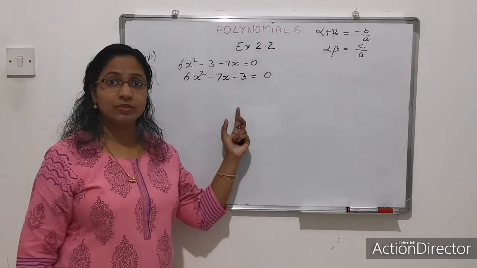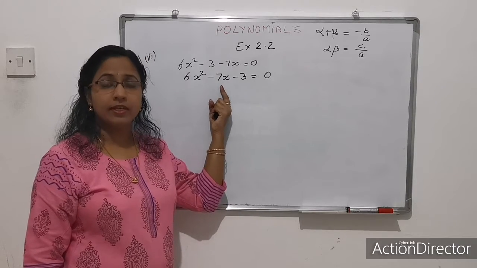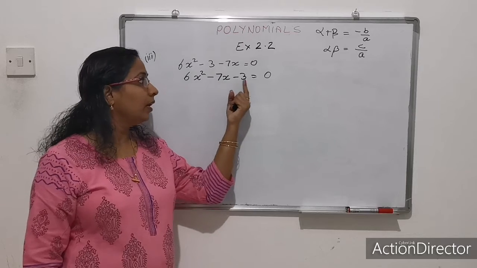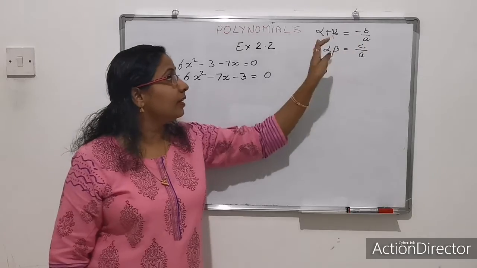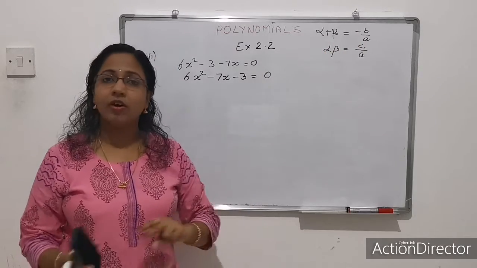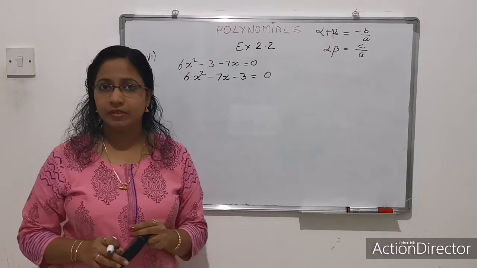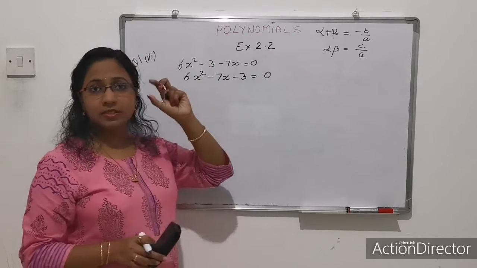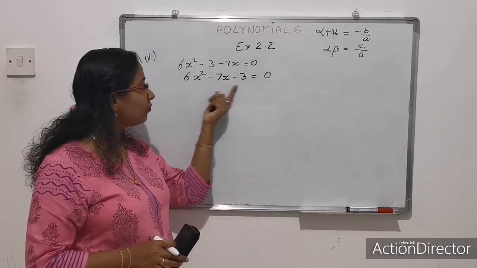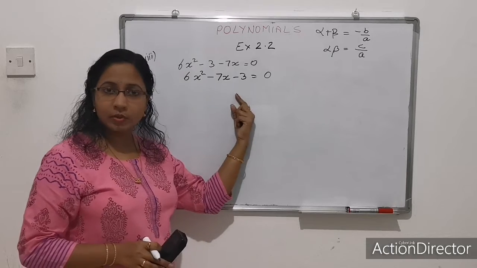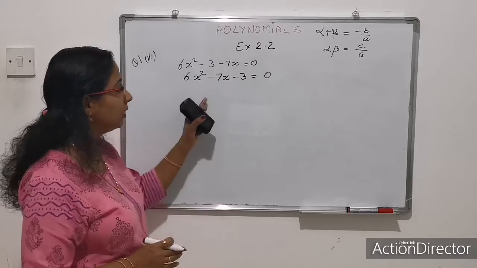Otherwise, in most cases you are going to make mistakes in finding B, S, and P. You will just check what the middle term is, and this middle term is the C, it is not B. So you have to first arrange in the required order, and only then can you solve the question.